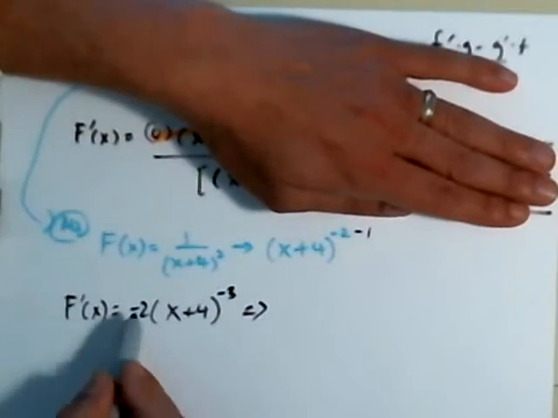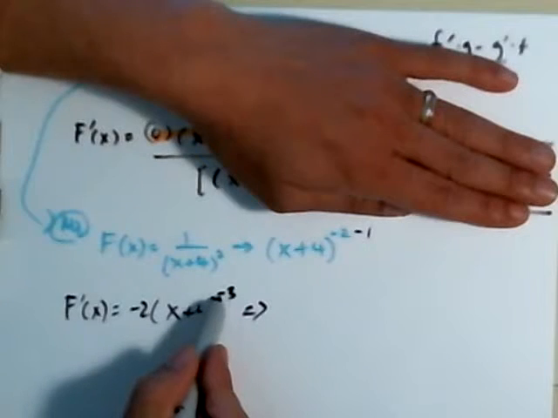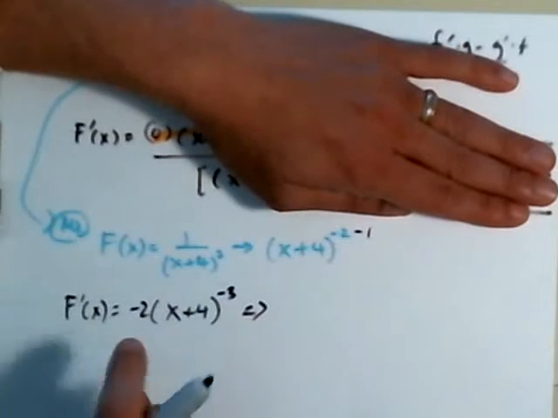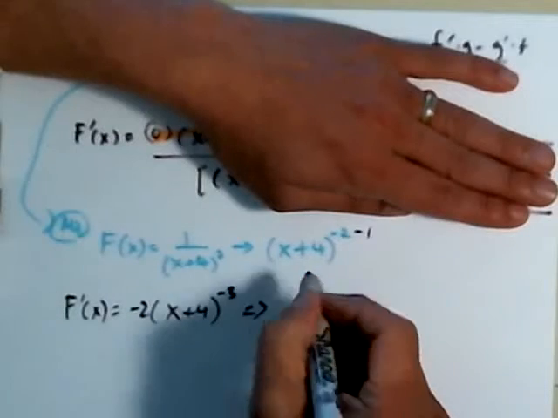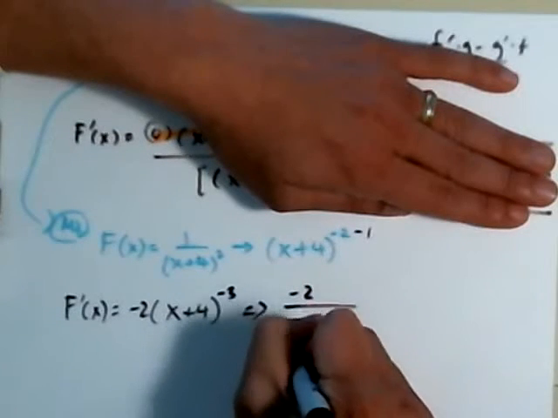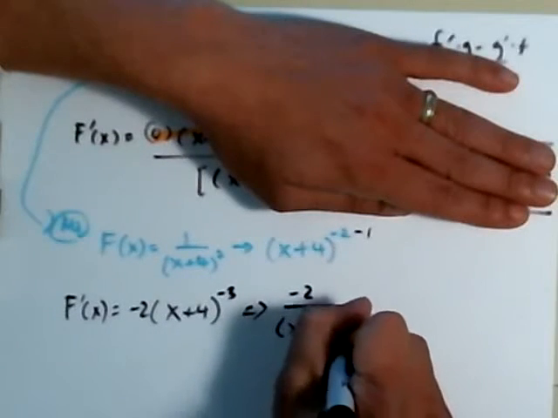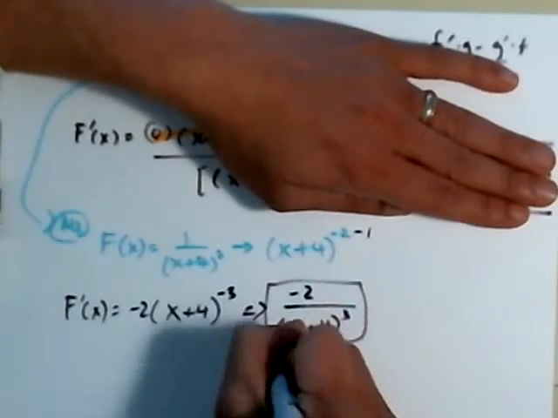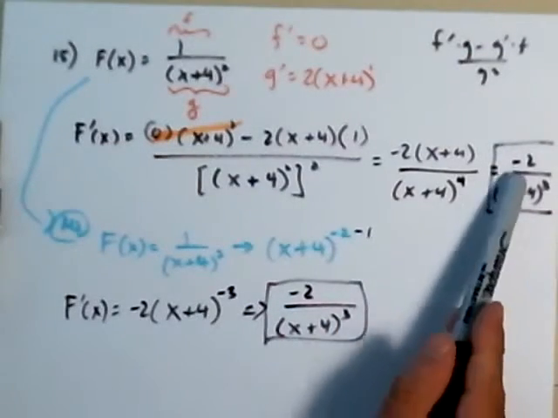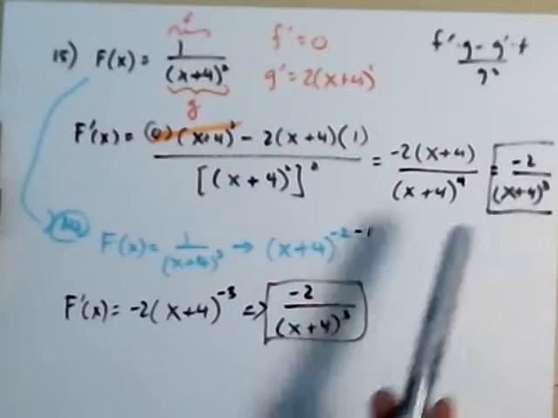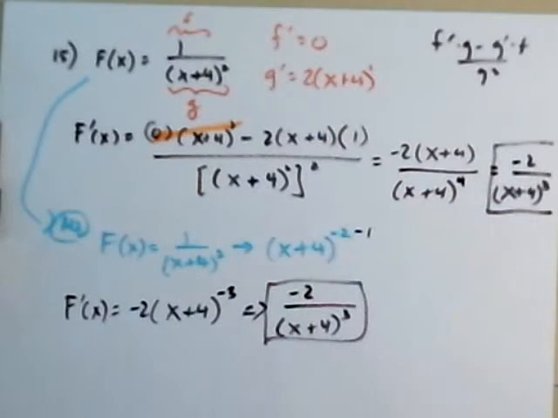Simplify that further. How do we get rid of the negative on the exponent? We bring it on downstairs. This factor stays in the numerator. Negative 2 all over (x plus 4) cubed. Let's see if we got the same answer. Negative 2 all over (x plus 4) quantity cubed. It is the exact same answer.